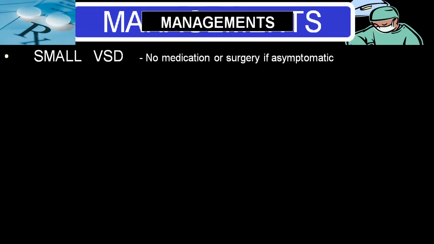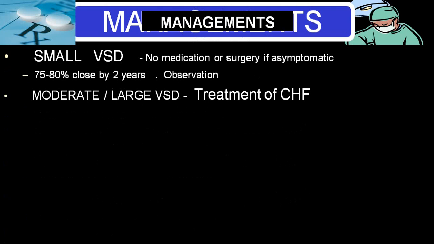Once you make the diagnosis, again in a small defect, usually they close spontaneously, no medication, no surgery required. By and large, spontaneous closure is there. In a moderate to large defect also, sometimes it closes in 15 to 20%. But in presence of congestive heart failure, you will have to treat congestive heart failure and then decide for a repair.